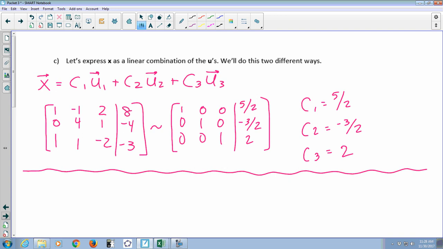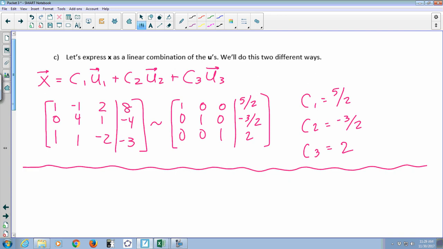Now, because I have an orthogonal basis, I have a very special set for u1, u2, and u3. I can use these other fancy formulas that are based on the fact that u1, u2, and u3 are an orthogonal basis for R3.